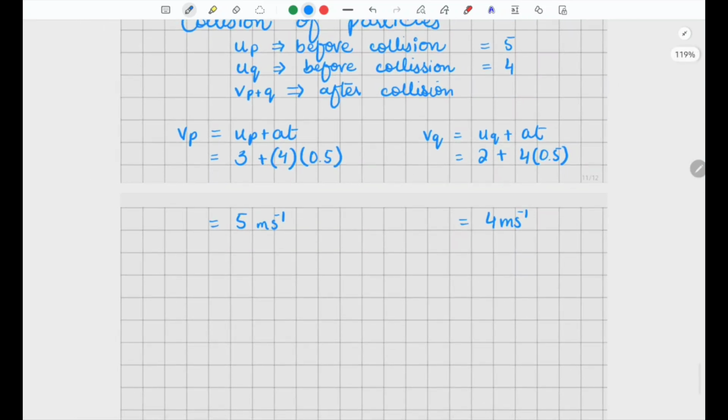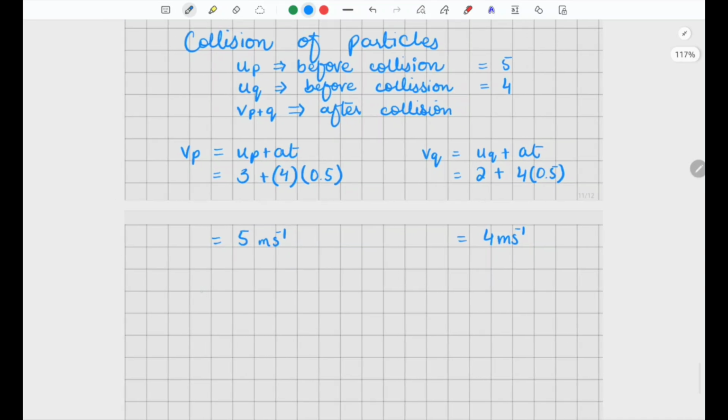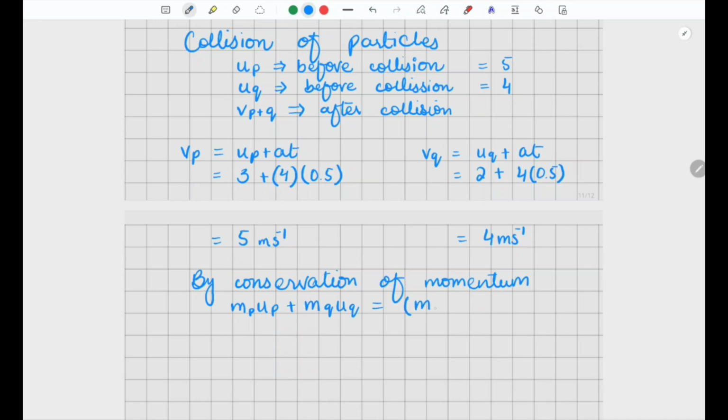Now, by conservation of momentum, MP UP plus MQ UQ equals MP plus MQ times V, because now their velocity will be combined.